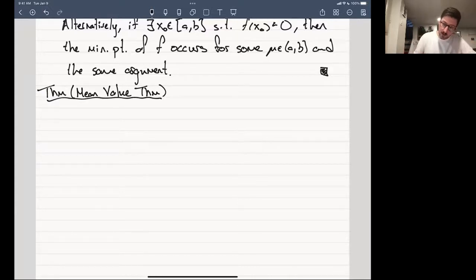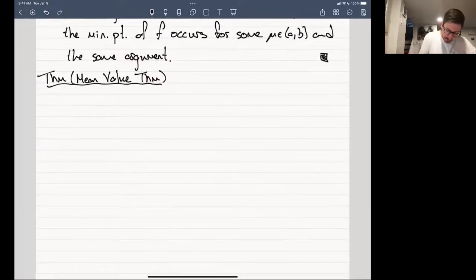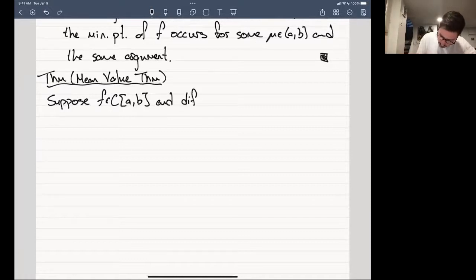Okay, so the first thing is, what does the mean value theorem say? Well, suppose that you have a continuous function on a closed interval and differentiable on, again, at least the open part of it, the interior of this thing.